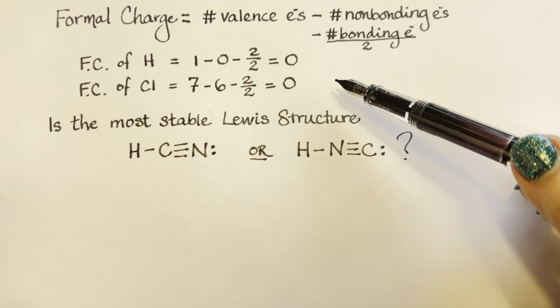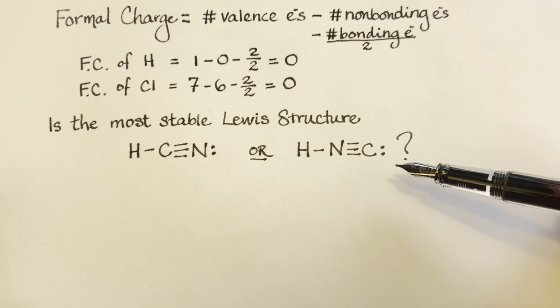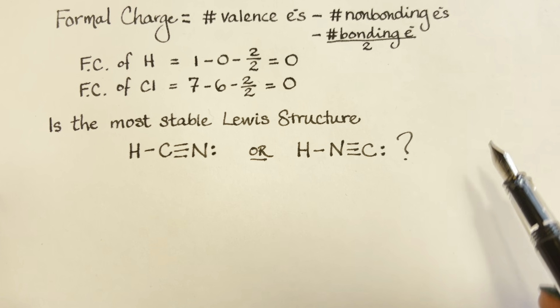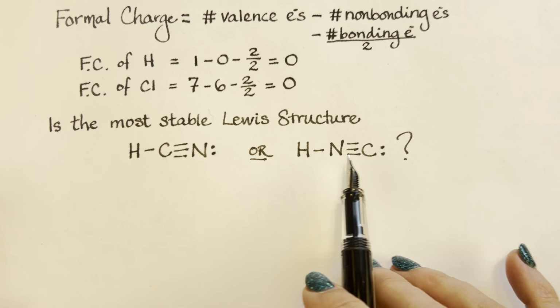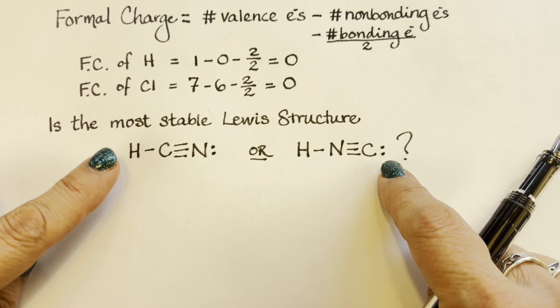If it's 0 or positive, it will be more stable on the more electropositive atom, or in other words, the less electronegative one. So we'll see how that plays out when we inspect these 2 possible structures.